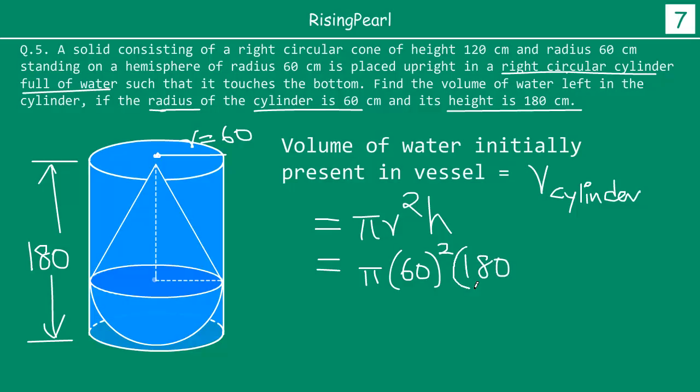Whatever this value is, this is the volume of the cylinder, which is equal to the volume of water initially present, or the capacity of the cylinder. I'm not going to actually solve this, but this is the amount. All the units are centimeter, so this much centimeter cube.